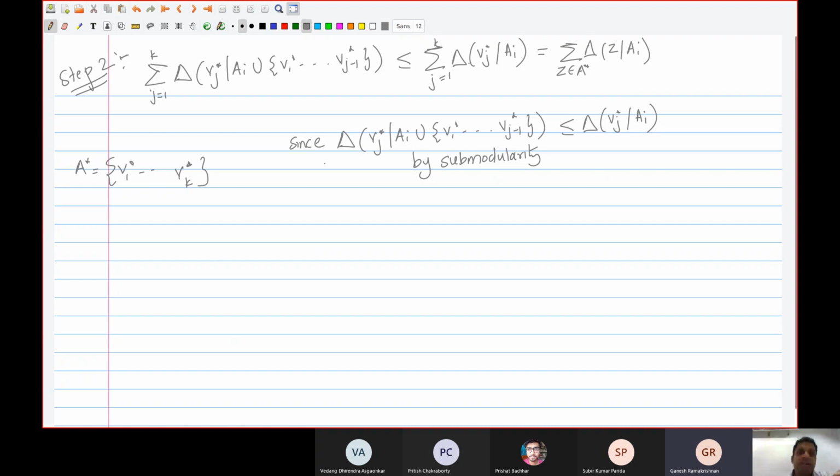It may turn out to be the same as AI. So, let's be very specific, AI union V1 star to Vj minus 1 star is a superset of AI, or cannot be a subset of it. Is step 2 clear now? Please ask questions. This is good that you're asking so many questions.